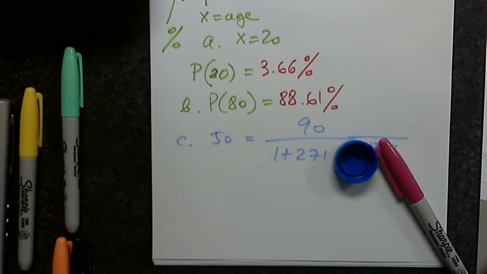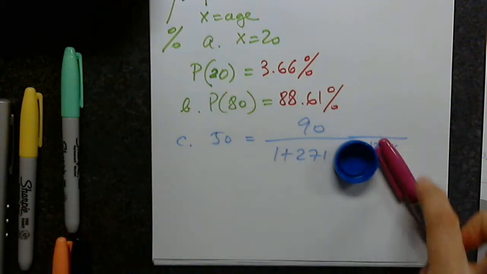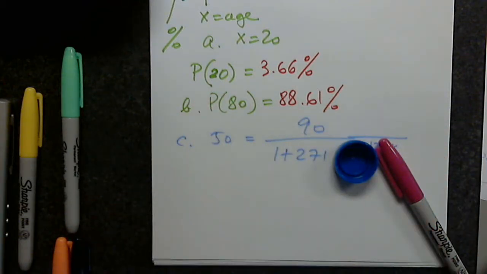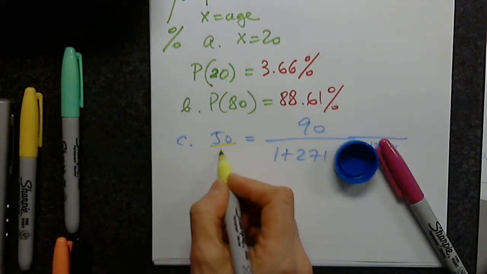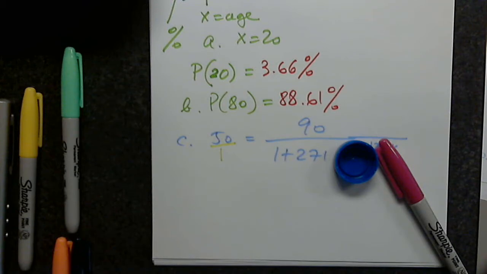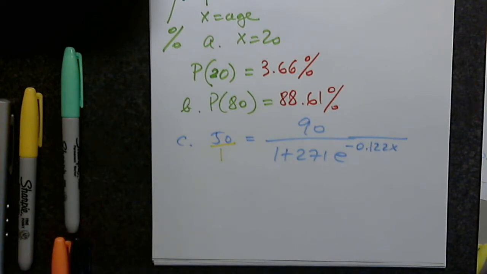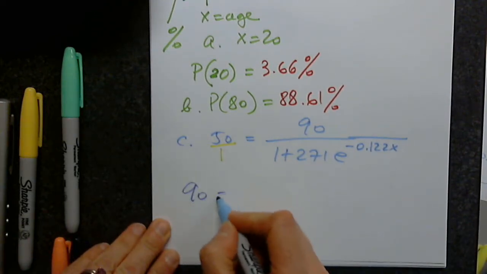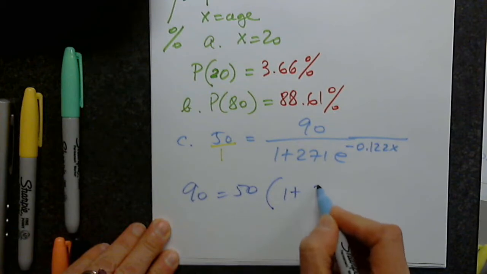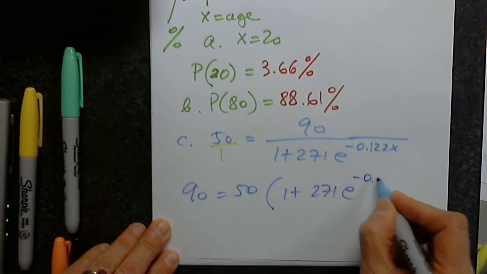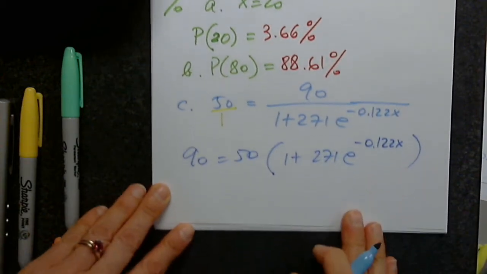What type of equation? Rational, very good. So if it's rational, then what do you do immediately? Cross multiply, awesome. So then 90 equals 50 times 1 plus 271 e to negative 0.122x. Very good.